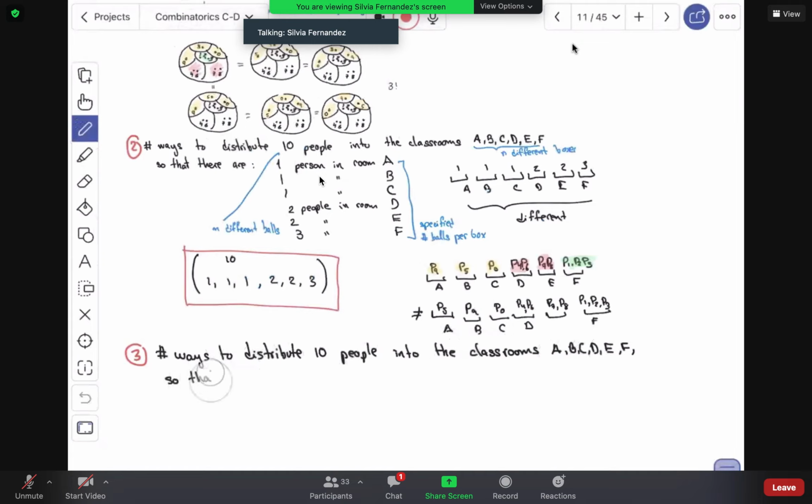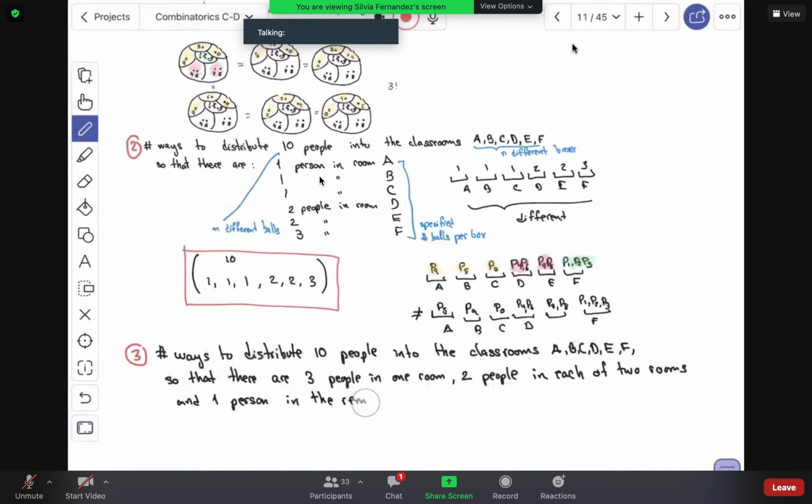So that there are 3 people in one room, 2 people in each of 2 rooms, and 1 person in the remaining 3 rooms.